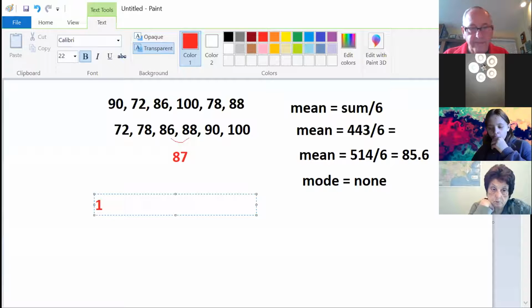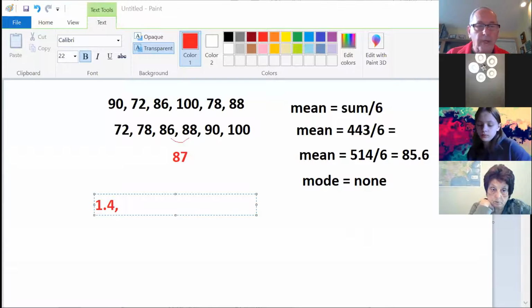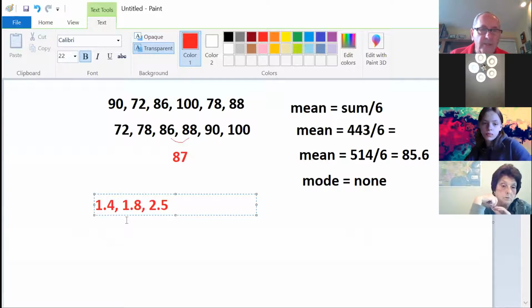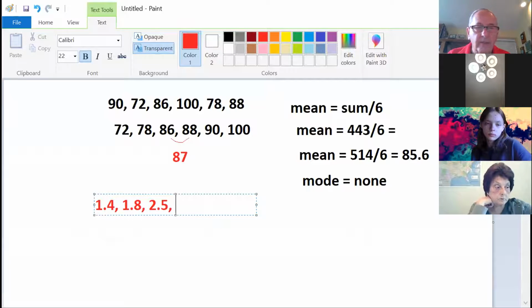We had 1.4 is the first, 1.8 the second, and 2.5. We know with the 3 pieces of data that 1.8 is the median, right? It's the middle one. So if we had one more piece of data in here, let's say we had another 2.5.